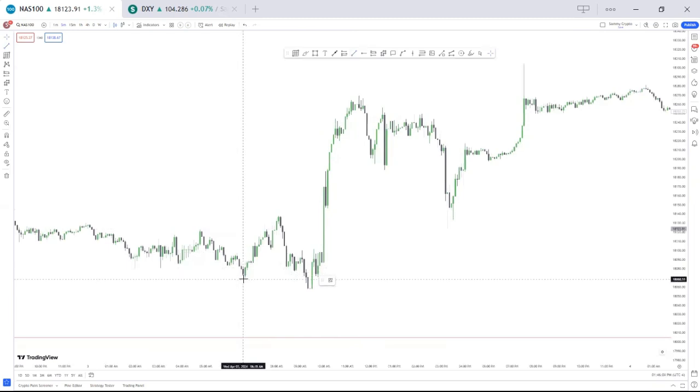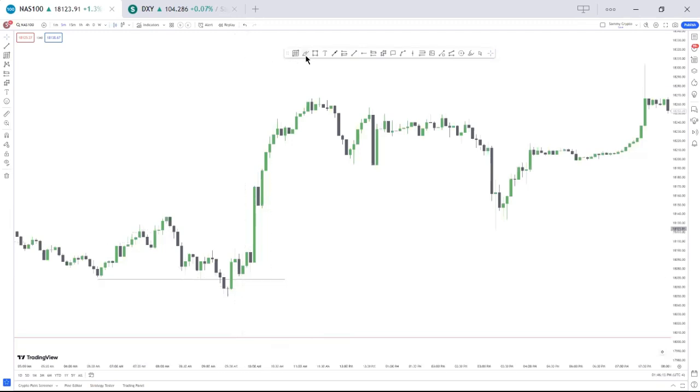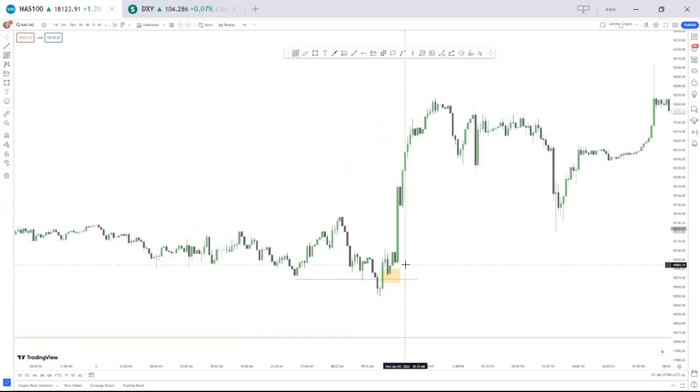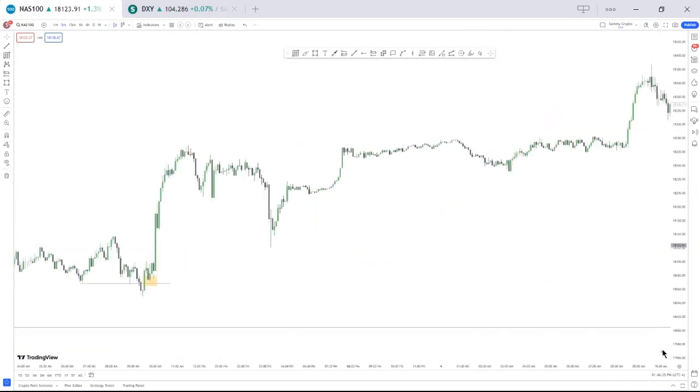My bias was bullish. Price raided this low, then displaced and created a fair value gap right there, and that's it. So that was the entry. That's all I want to see. No SMT, no correlations, none of that. Very clean setup. Works almost every week.